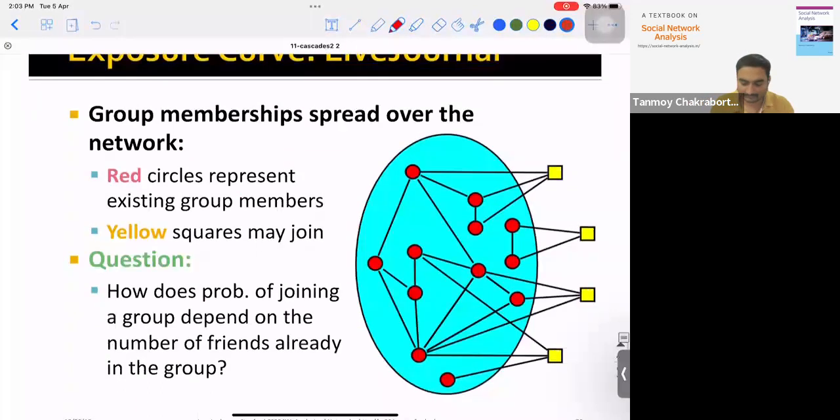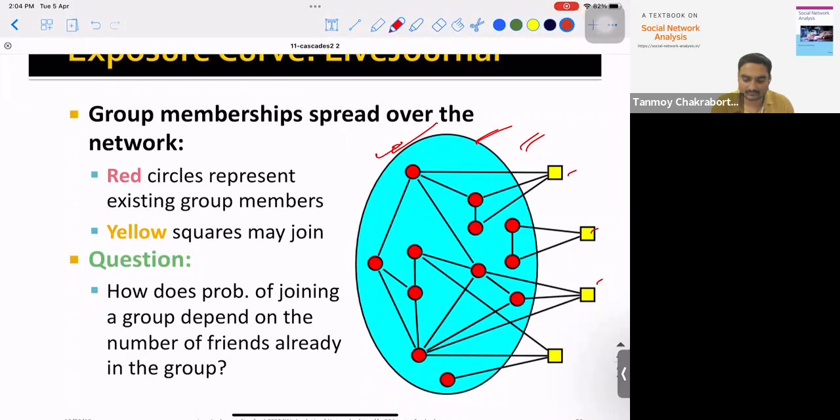Okay, so you see here in this particular figure, this circle indicates a particular group, a social media group, and red points are those who are already part of the group, and yellow points are those which are still not a part of the group, but they may want to be a part of this group, right?